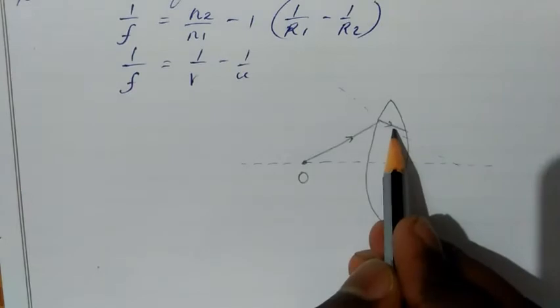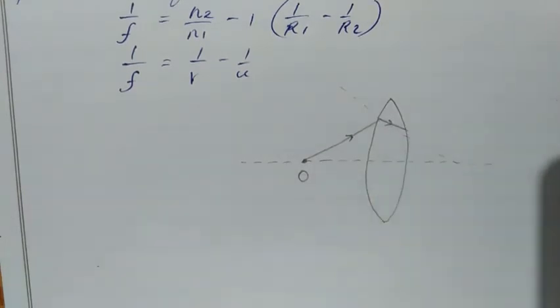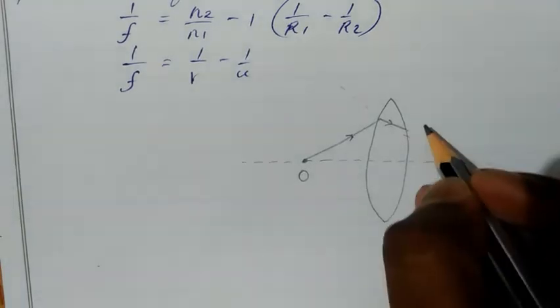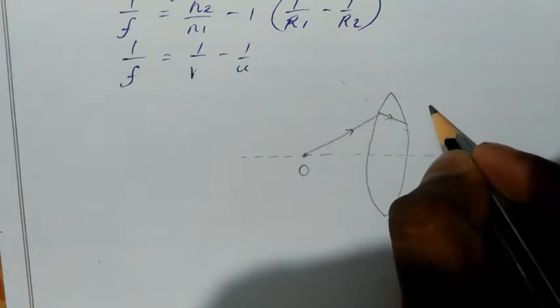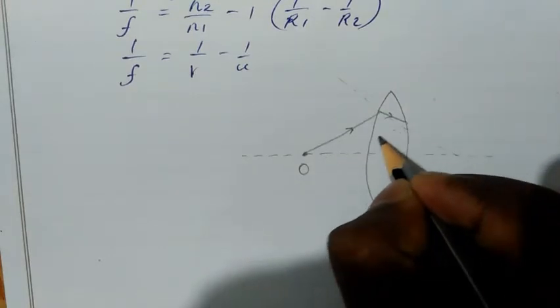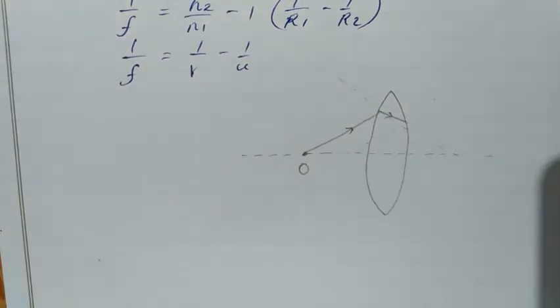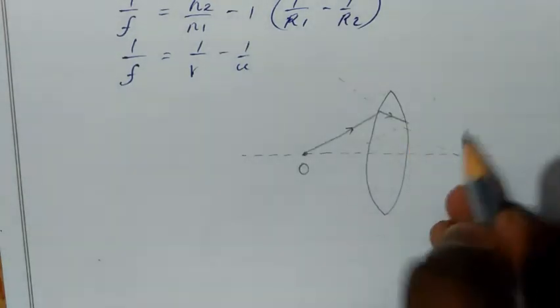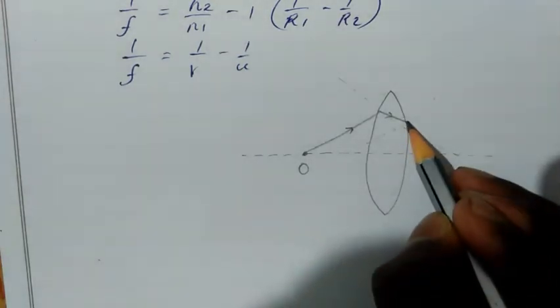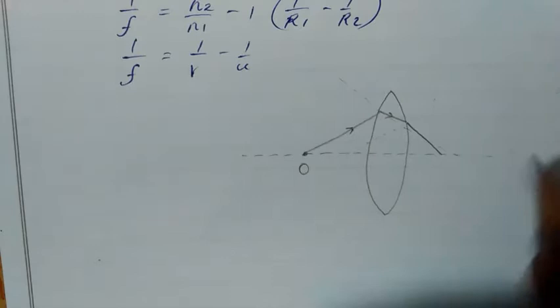The light ray moves from denser medium to rarer medium. Then it will move away from the normal. Correct? It will move away from the normal. So if we draw one normal, then it moves away from the normal. So we have it like this.